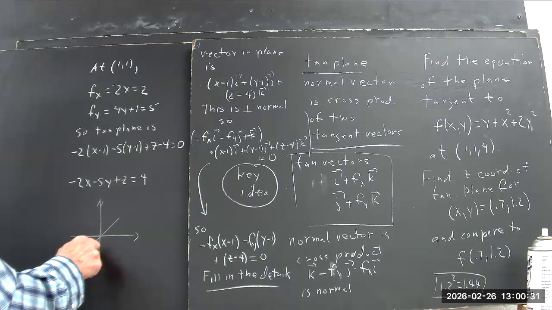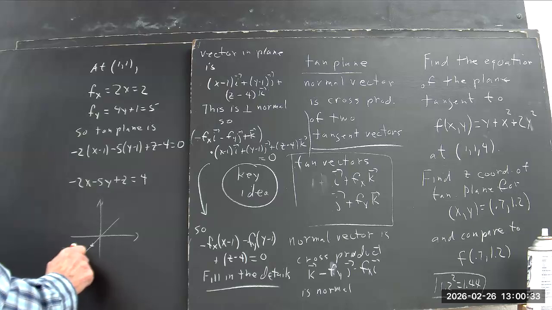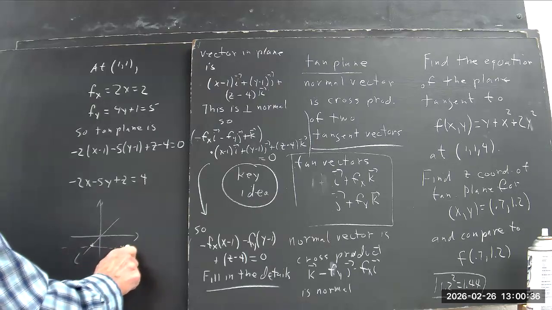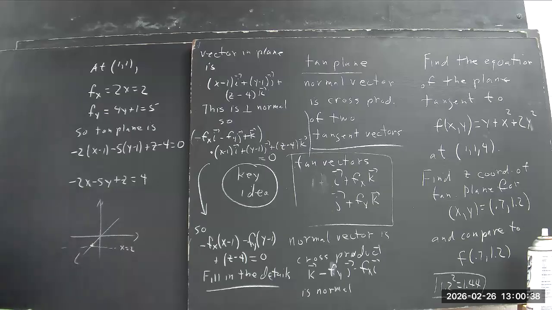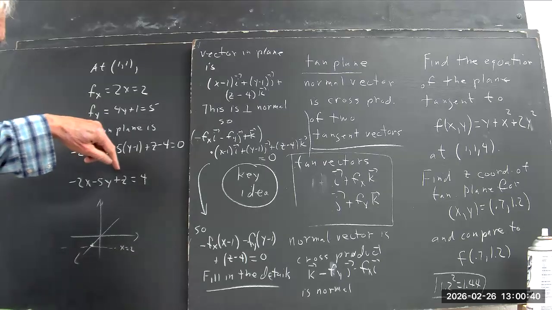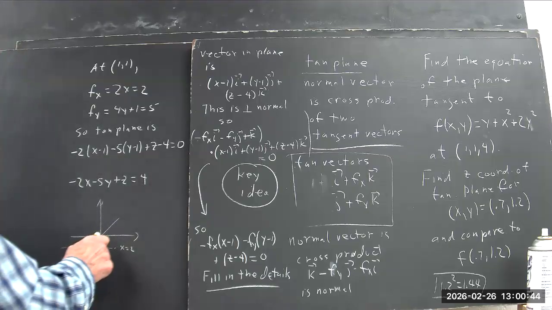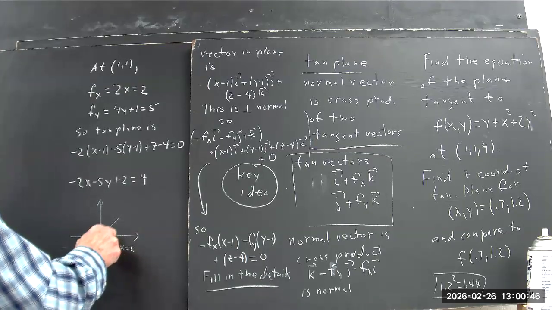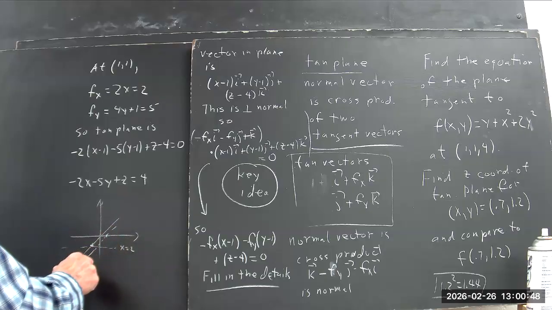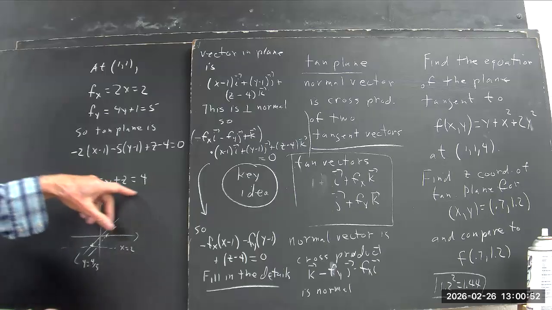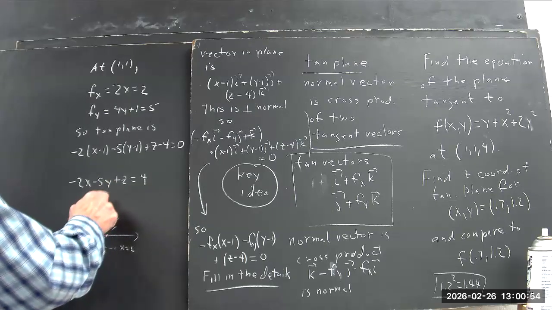So you get x equals 2. There's the line x equals 2. If x and z are 0, well, y is going to be 4/5. And z, well, it's going to be 4.